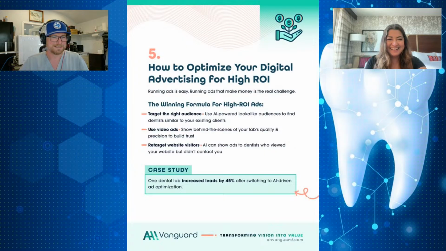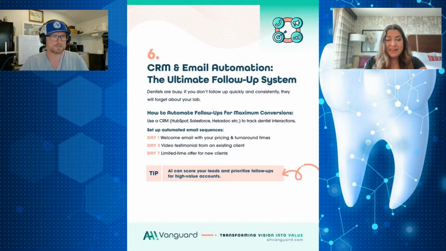Right. All right. So, CRM and email automation, the ultimate follow-up system. I kind of showed a little bit on the Google review. That's an example of automation that you can set up. Again, there are many different automations. You want to really think about your customer journey, but start small, like asking for a Google review. If people are asking for your pricing, we talked about this with Perry, follow up with an email or an SMS component.